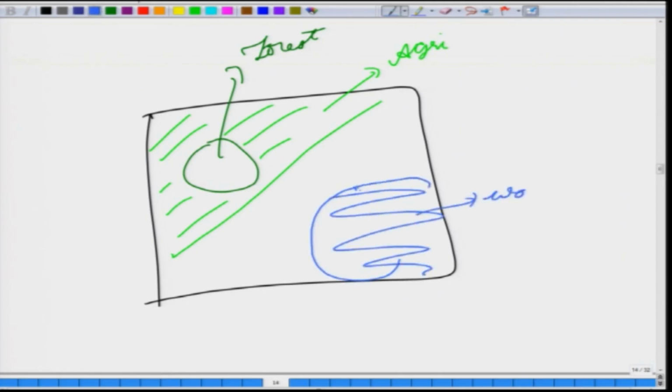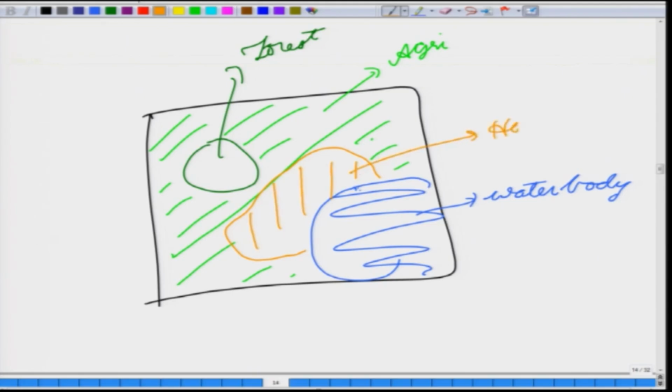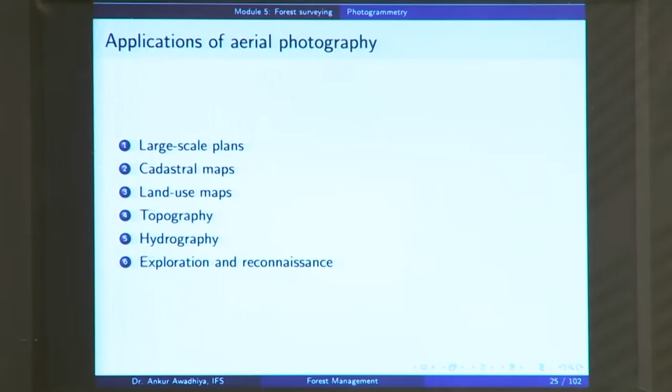So, this is a water body and these areas were your agricultural fields, and say in this section you have houses. So, this is a land use map in which you are using a map to depict what are the different land uses that are there on the ground. So, that is a land use map and you can make it very easily using aerial photography.